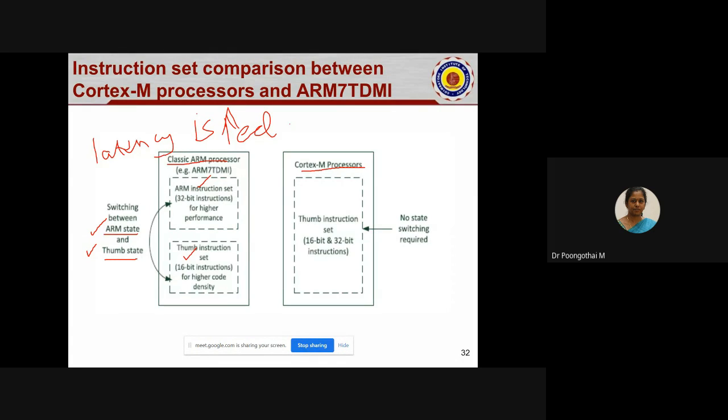There is a switching between ARM state and Thumb state, and in that case the performance will be affected. But in the case of Cortex M4, it is possible to handle all the processing requirements without switching between two different operation states. Thumb-2 technology is a combination of both 16 and 32-bit instructions. No state switching is required.